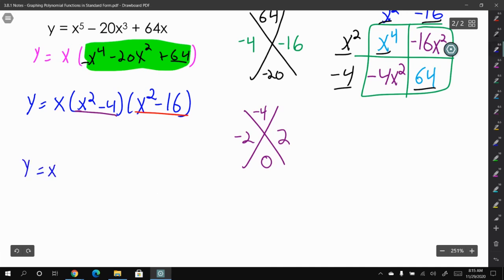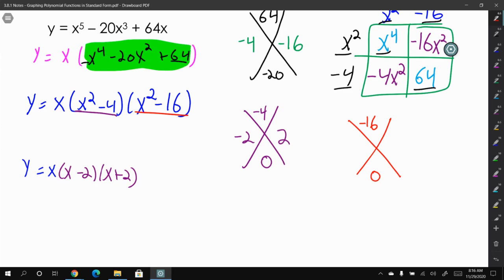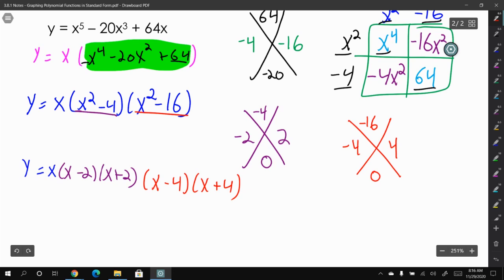So that would factor to x minus 2 times x plus 2. Now I'm doing the red one, x, 0, and negative 16, because negative 16 times 1 is negative 16. So then our two numbers will be negative 4 and positive 4. So then x minus 4 times x plus 4.